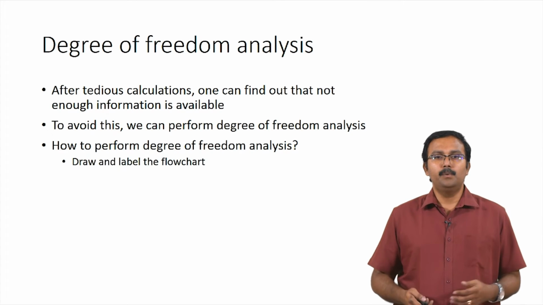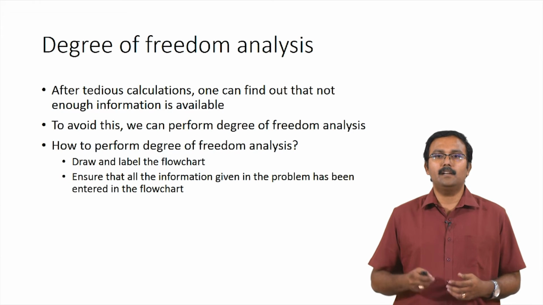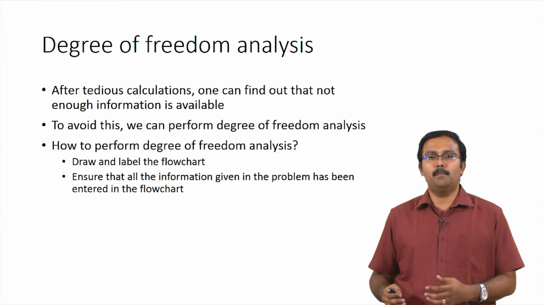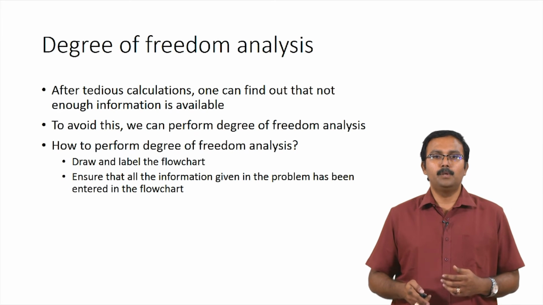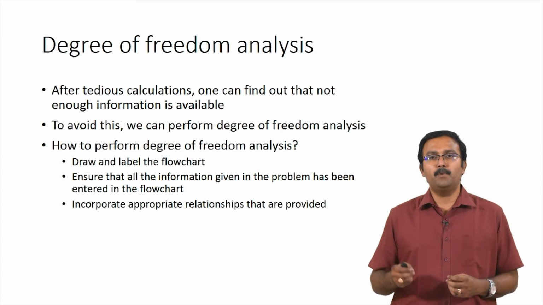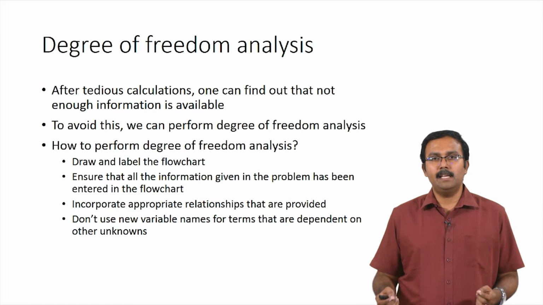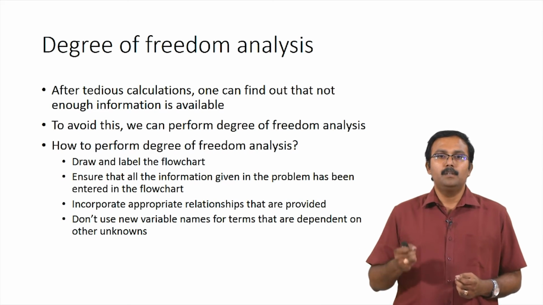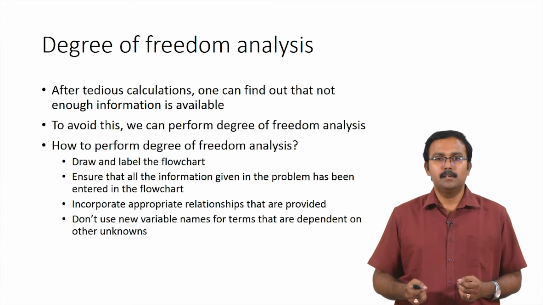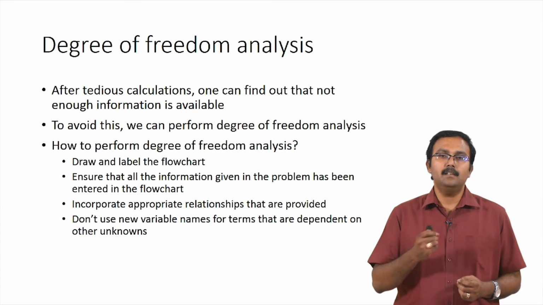First, you would draw and label the flow chart, and then you will ensure that all the information given in the problem has been entered in the flow chart. Then you would go about incorporating the appropriate relationships that are provided. When you have two variables which are related by some correlation given in the problem, do not use new variables, instead write the dependent equations as the unknown.